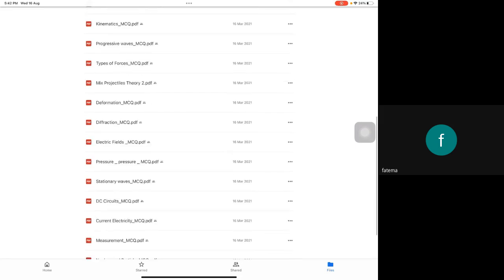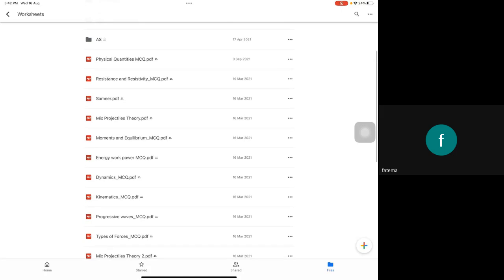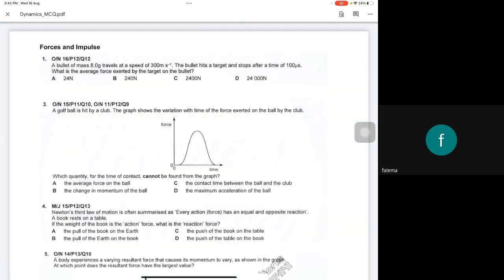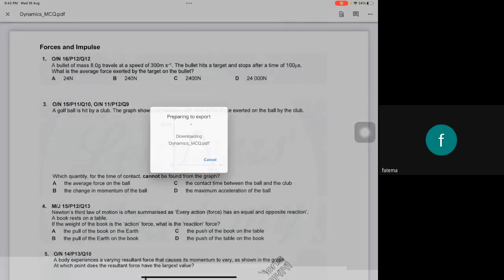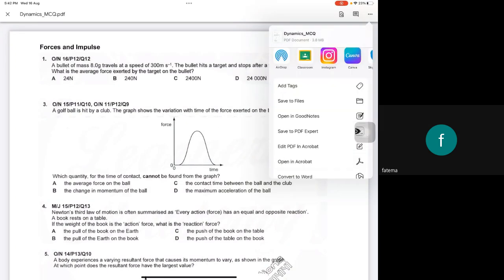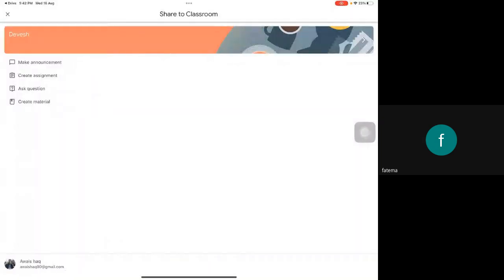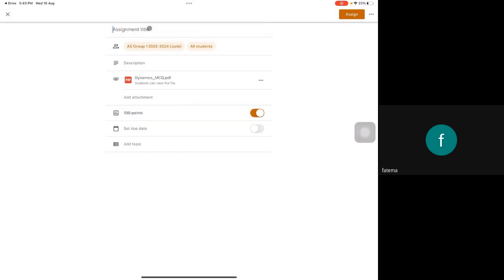There should be something dynamics written. Dynamics. Okay, this will be momentum MCQs.